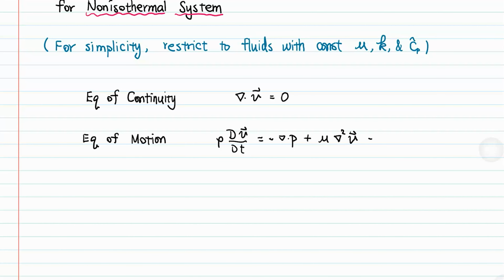When you have external forces, typically it's gravity, we would also want to consider buoyant forces. So we would put in the rho bar g and the buoyancy coefficient times T minus T bar. Remember that we're dealing with non-isothermal systems, and there is a chance that a non-isothermal system will give rise to free convection if you don't have a really strong pressure drop to drive the fluid flow.